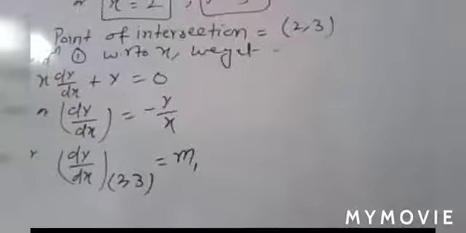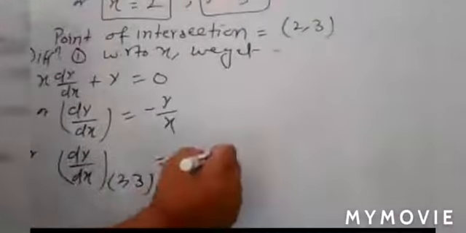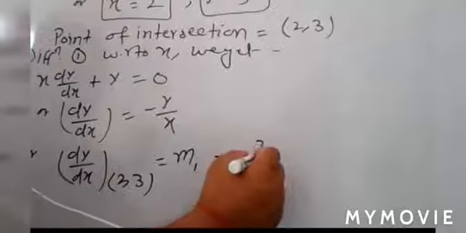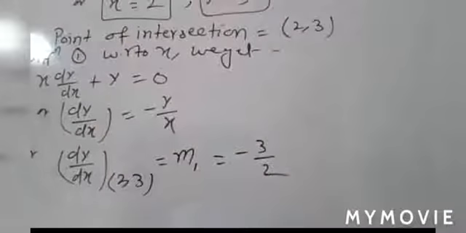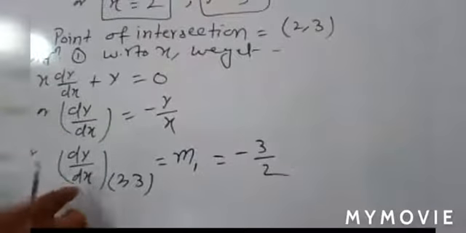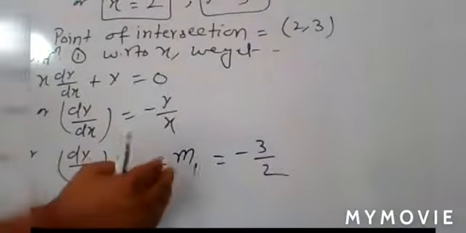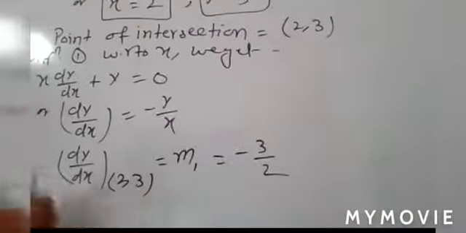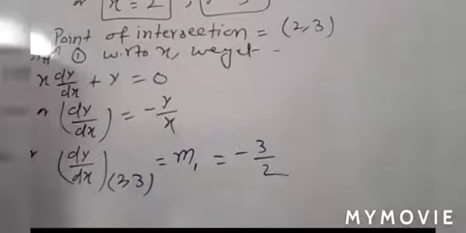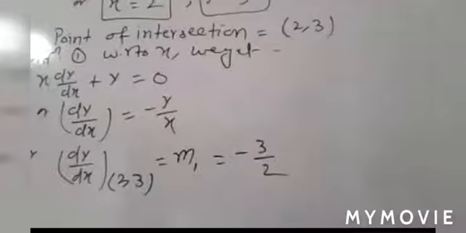The value of this dy/dx at the point of intersection (2, 3) is taken as m1. So here m1 is equal to minus 3 by 2. The slope of the first curve at the point of intersection is m1, and for the second curve it will be m2.